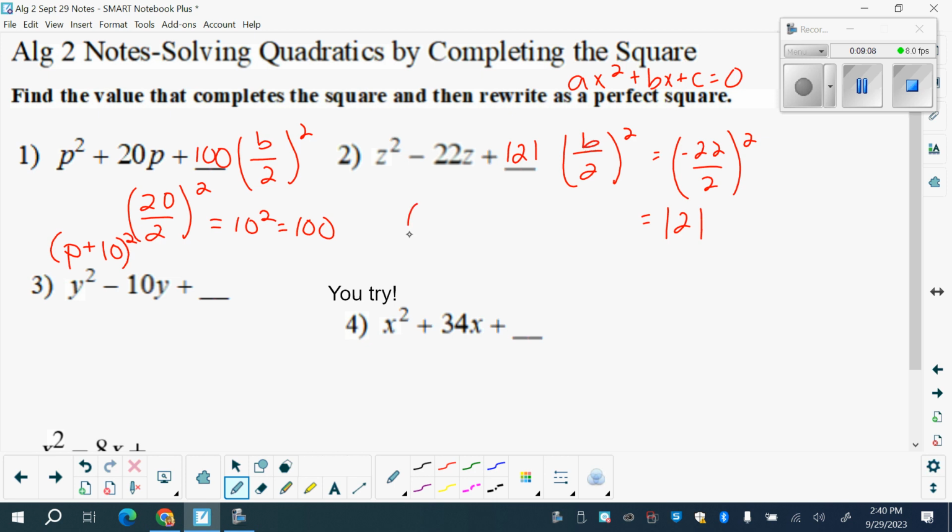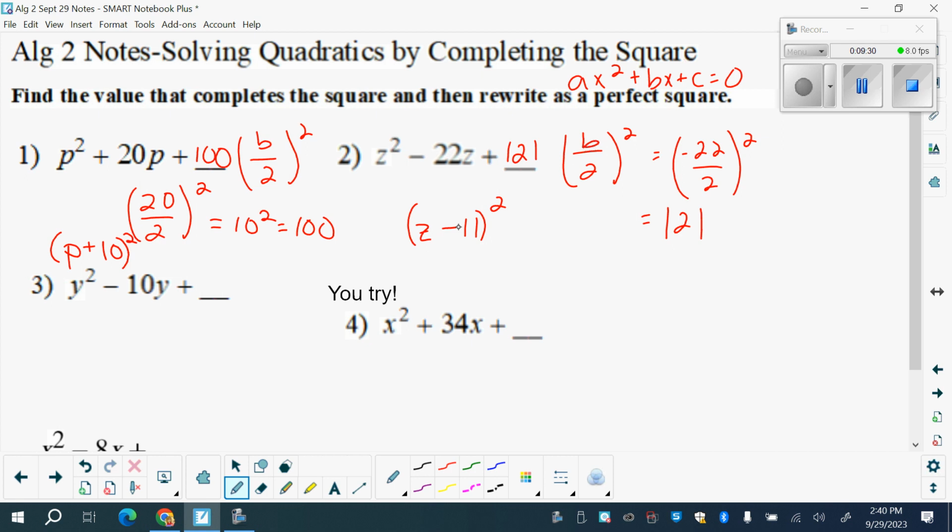And then I want to write what it factors to. What does it factor to? I like the 11. What else do I put inside there? Z. This letter is a Z, so it's Z, and then plus 11 or minus 11? Minus.